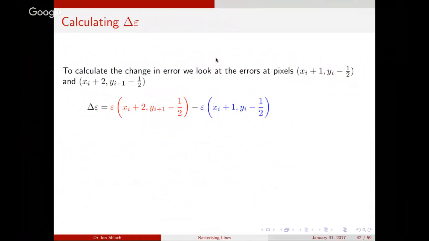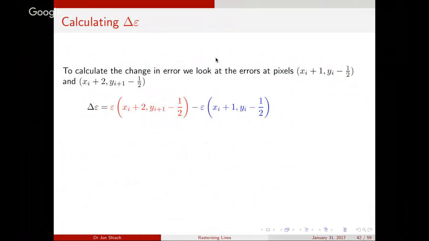Okay, so with Bresenham's, we looked at the error at the next 2 pixels minus the current error. With midpoint, it's slightly different. This is the error at the pixel 2 steps to the right. This is the error at the pixel at the midpoint 1 step to the right. So the coordinate of the midpoint 1 step to the right is simply x plus 1, y minus a half.